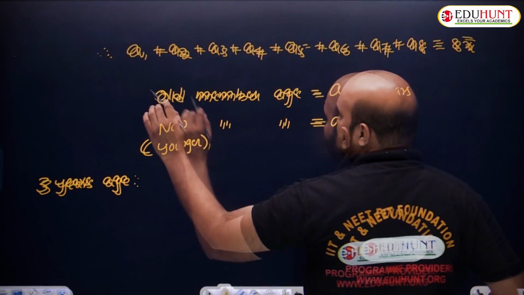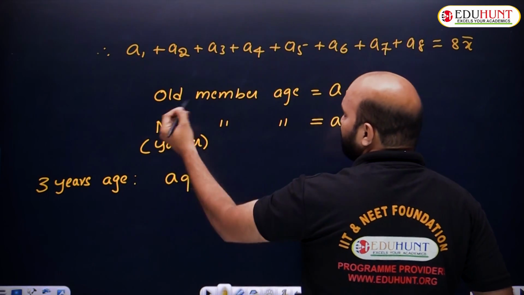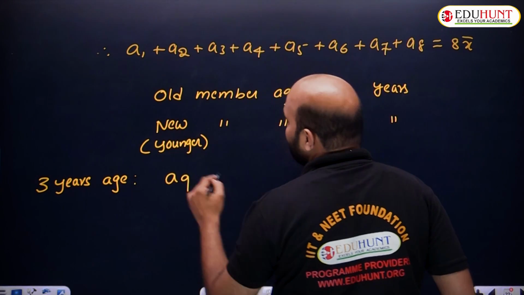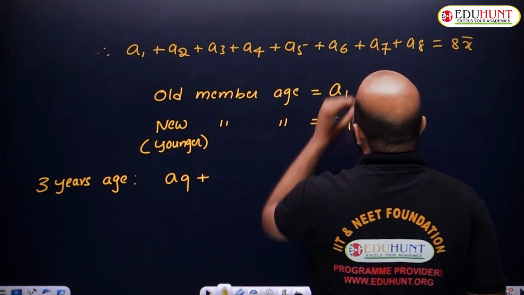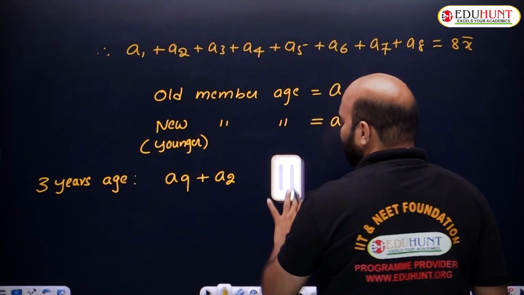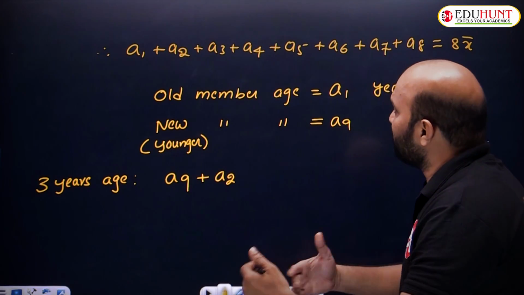So A1 is replaced by A9, the new member, plus the remaining, which are already there, A2 plus and so on. Here we need to understand: 3 years ago means each one decreased by 3.